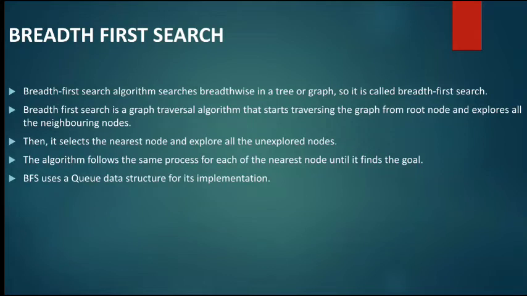Basically it follows three rules. Rule number one is that whichever adjacent nodes it visits must be unvisited, and whenever we visit a node which is unvisited, we mark that node as visited and insert it into the queue.